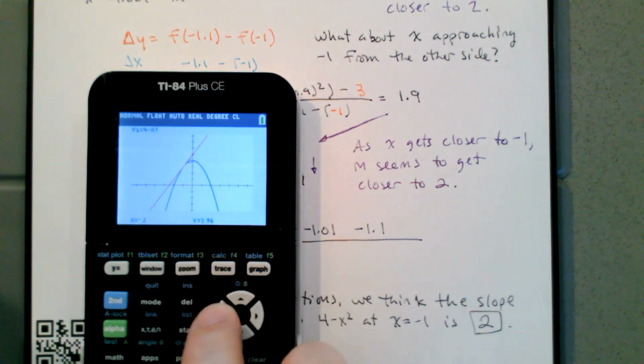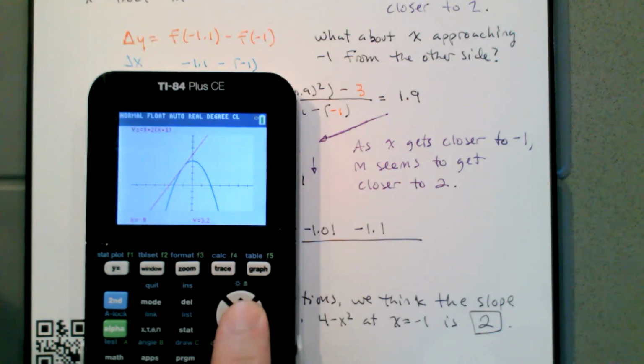So if I trace over to -1, you'll see that -1, 3 is the same on both graphs. But if I move off, then the values are slightly different, because one's the line, the other one's the parabola. So the line and the parabola intersect at only one point.